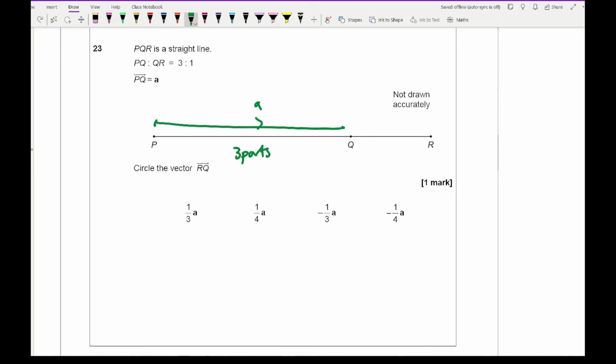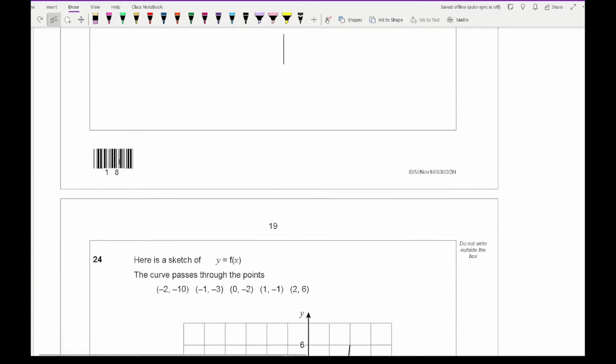So one part is going to be a third of a. So this here is a third of a, but we want to go in the opposite direction. So the answer is our third option, minus a third a.